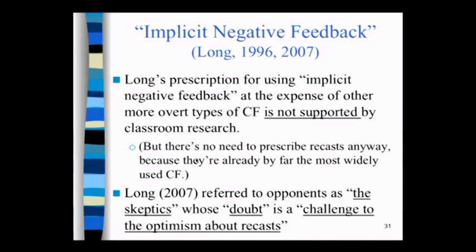He operationalizes focus on form, including feedback, as being incidental and implicit and so on. I think there's some evidence from lab studies, but there's no clear evidence from classroom studies that focus on form should be unplanned, incidental, and implicit.